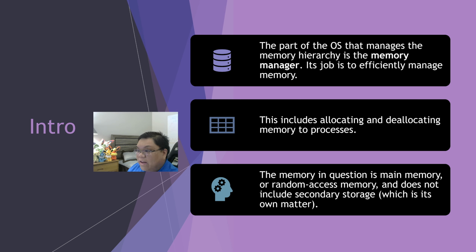This includes allocating and deallocating memory to processes. When we start a program, memory must be allocated to that process. Programs don't become processes until we open them. When we load a program into memory, we need space for that program, of course. So it's the task of the memory manager to make sure that we allocate the appropriate memory for our programs.